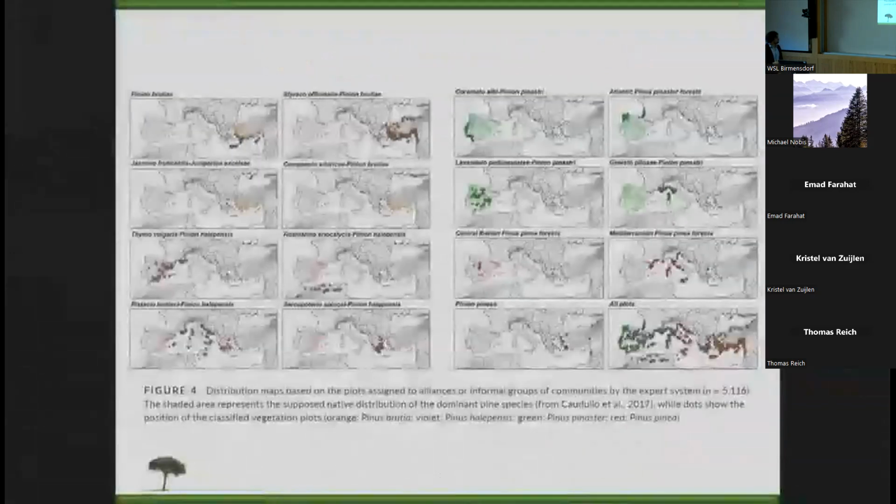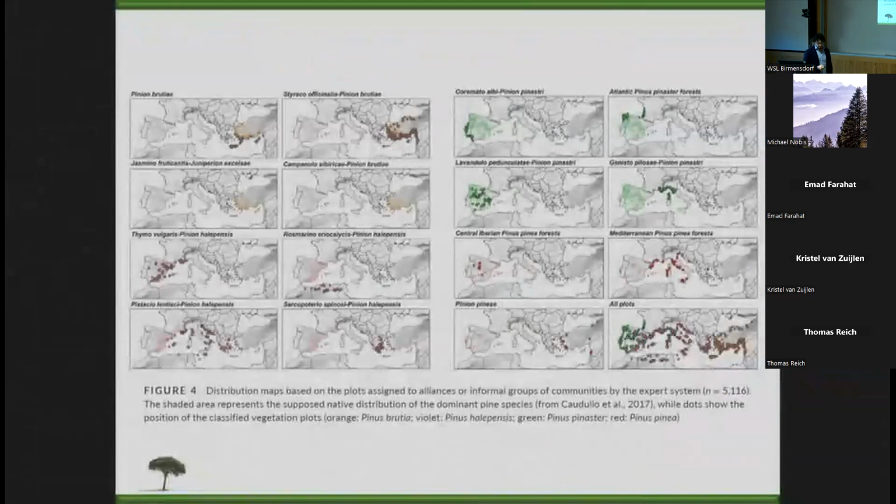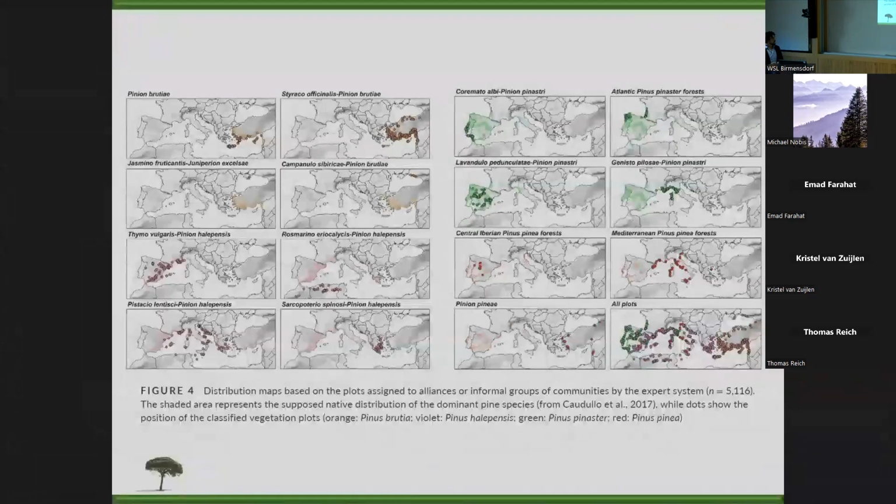And here is the map of these types, which have complicated names for those who are not familiar with phytosociological names. But if you consider them with ecological respect, they are pretty much meaningful. And for each of those groups, there are indicator species that can tell you exactly that you are within that group. So once you have these groups, you are able to distinguish your pine forest in a more specific way.